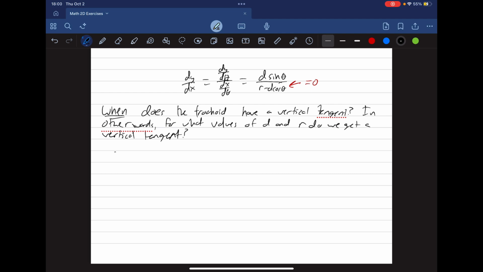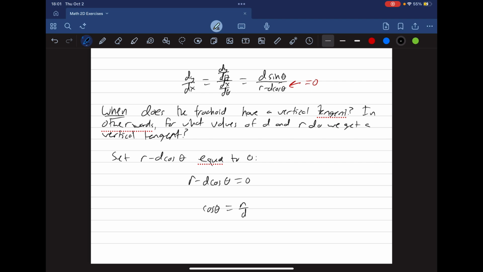So what we're going to do is set r minus d cosine theta equal to 0 and figure out when this happens. So r minus d cosine theta is equal to 0. If we solve for cosine here, we find that cosine theta is going to be r over d.